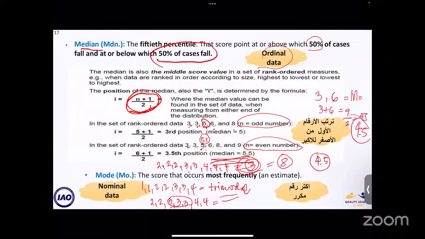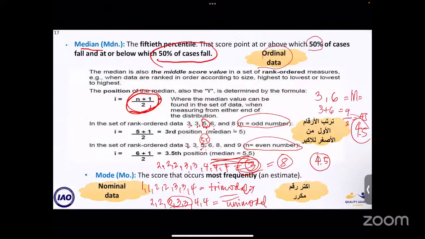So the mode is 3. If one number occurs the most, it's called unimodal. If three numbers occur equally often, it's called trimodal. Okay, now I understand.